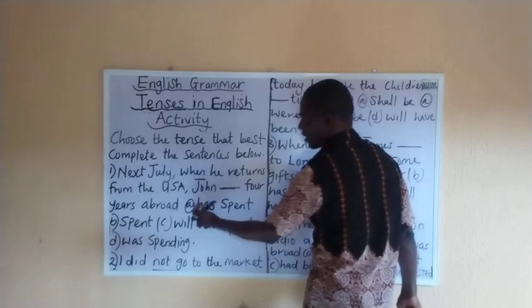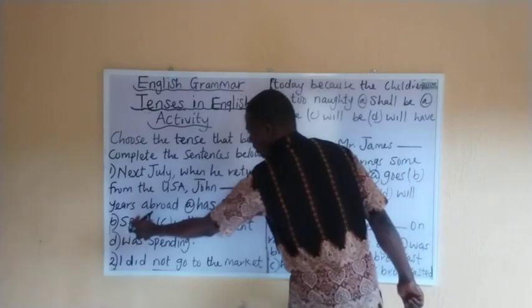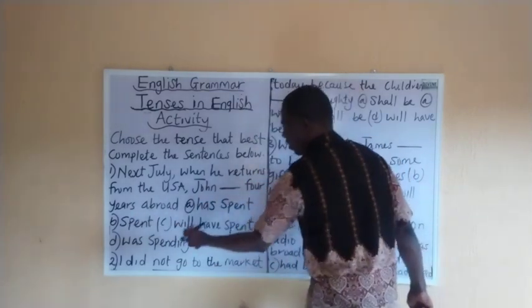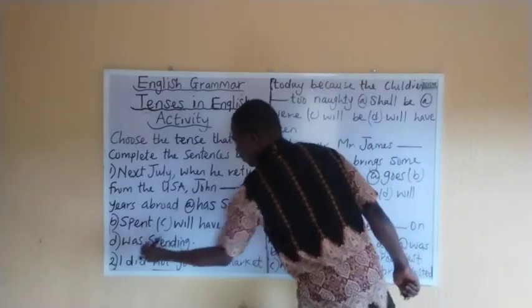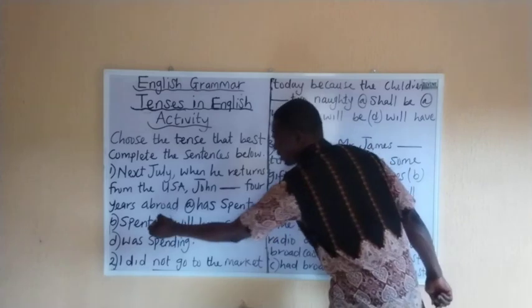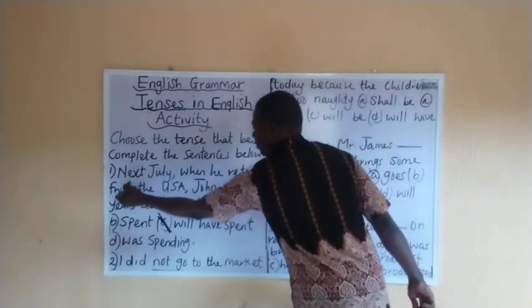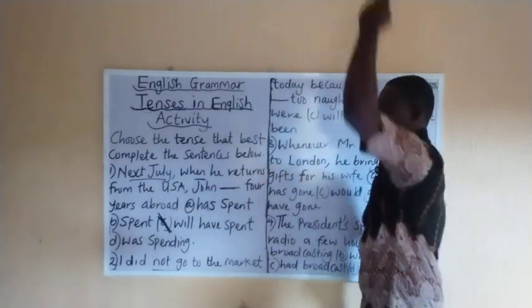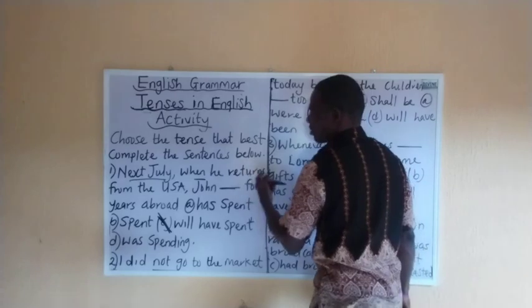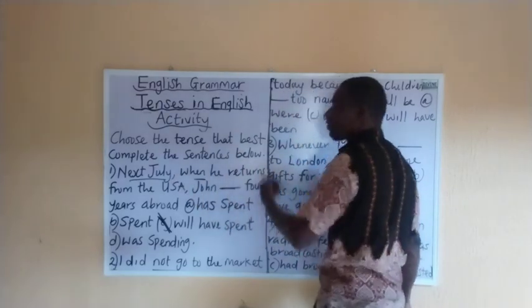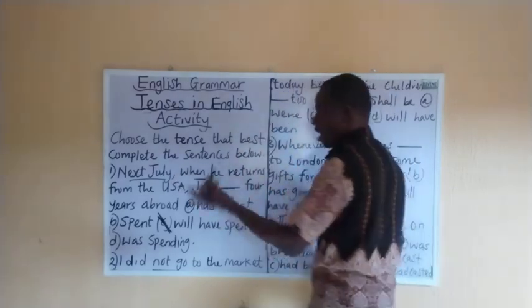So we have options like A has spent, B spent, C will have spent, D was spending. The answer here is will have spent. The reason being next July. Next July, when he returns from the US, John will have spent 4 years abroad.